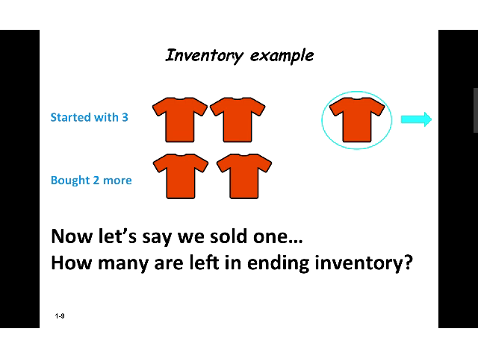Okay, now let's say we sold 1. We sold 1 t-shirt. How many do we have left in ending inventory? Well, that's pretty easy. What you're doing, whether you realize it or not, is saying we started with 3, we bought 2 more, so we had 5. We sold 1, so we subtract 1, so then we have 4 left in ending inventory. These are the fundamental calculations that we're doing.